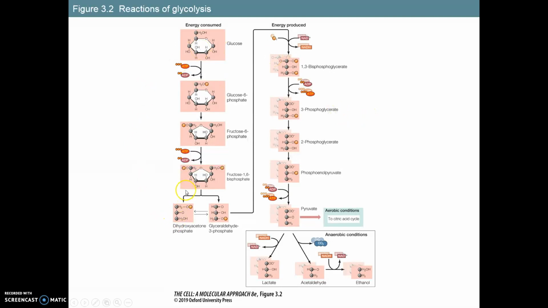One is an energy investment phase where we actually burn ATP, okay? We'll then have a second part, which is called the energy production part, where we can glean back that ATP, and then we also gain the electrons along the way. And those electrons can have their own fate.